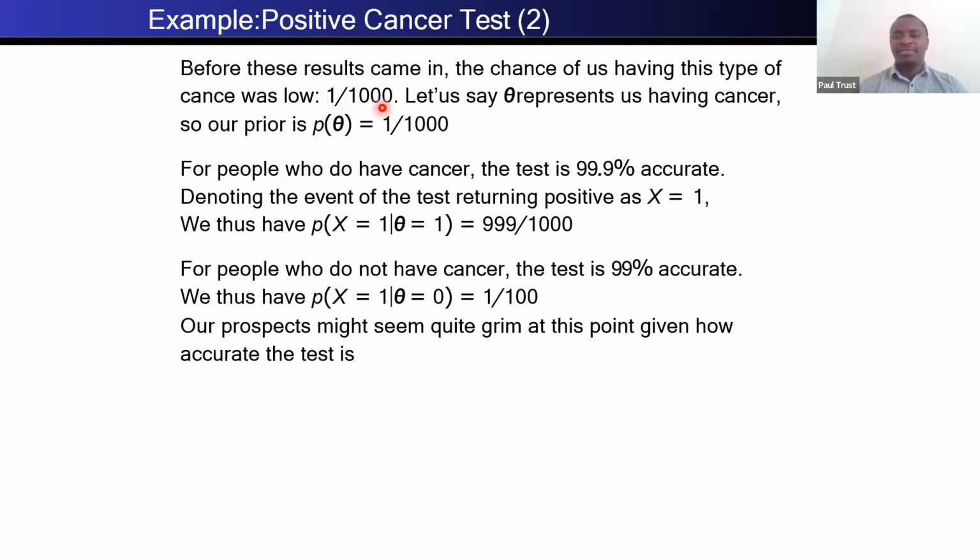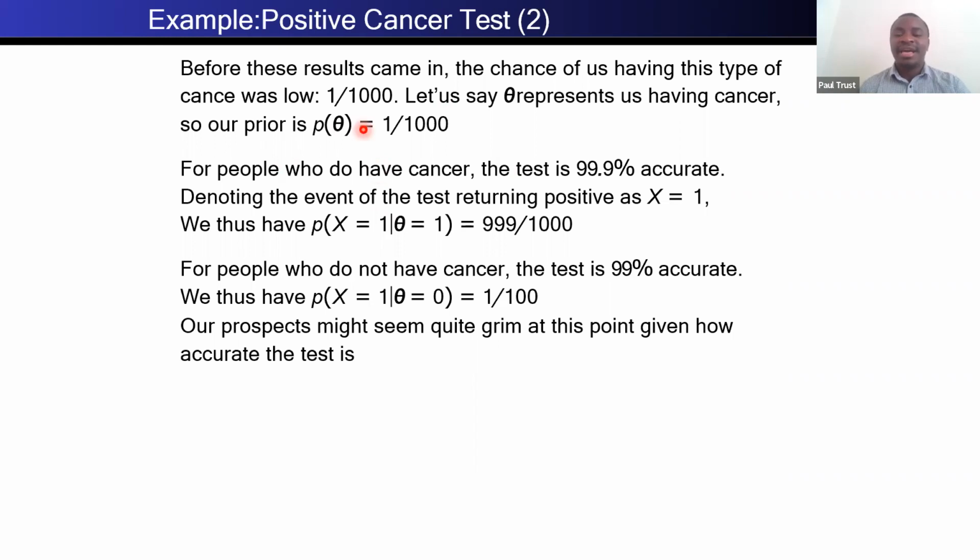Wherever you live, whether India, Canada, or Africa, 1 in 1,000 people have cancer. If we let theta represent the parameter of us having cancer, then before you take the test, the chance that you have cancer is 1 in 1,000.